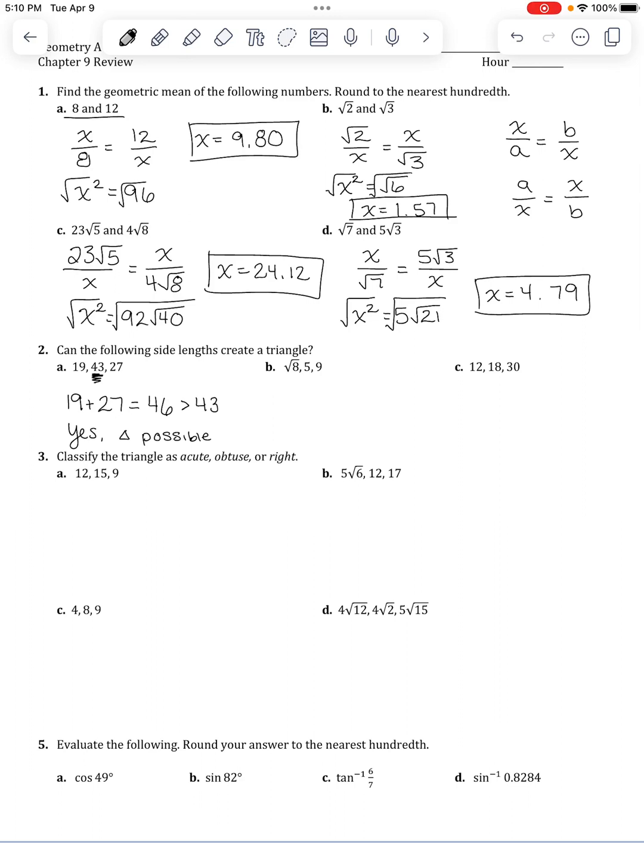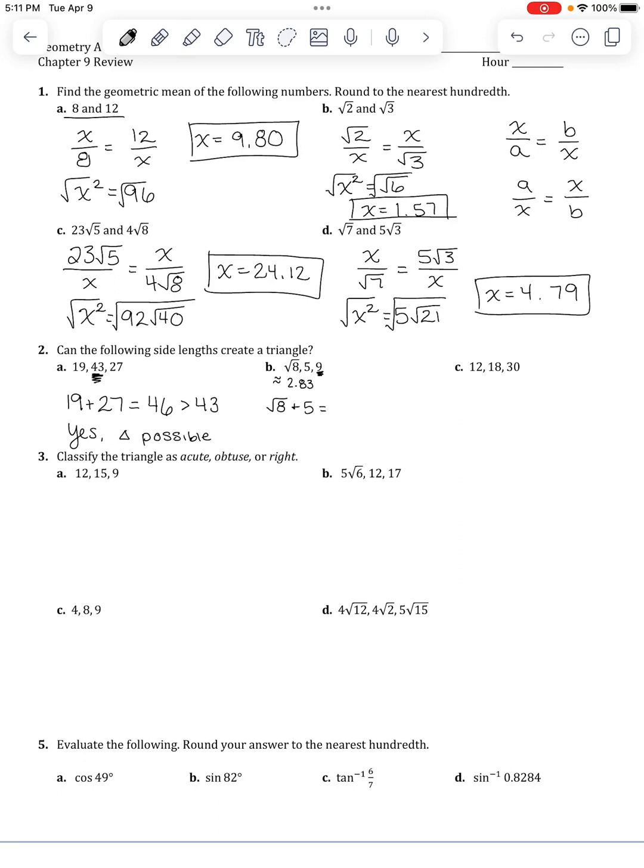In ones where I have square roots involved, I go to my calculator and type in what the square root is just to kind of figure out what it's about. Square root of 8 is about 2.83. Now, once I know that 9 is the biggest, and when I go to add up my 2 smaller ones, I don't use the 2.83, I use the square root of 8.